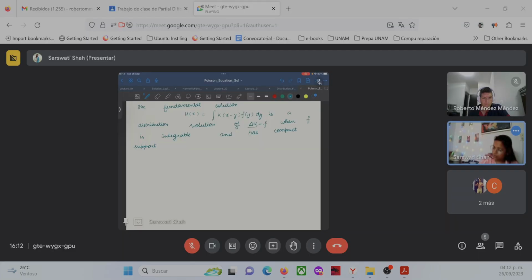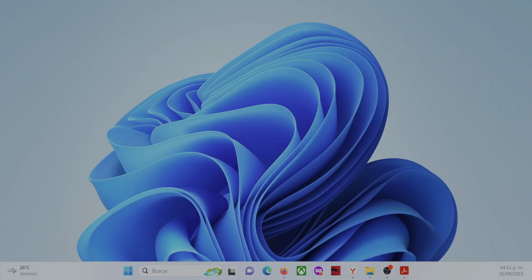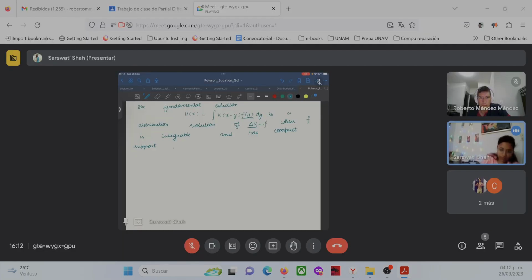And since Laplacian of u equals f, using f equals Laplacian of u, we can write u of x equals integration over Rn of k of x minus y Laplacian of u of y dy, whenever u belongs to C0 infinity of Rn.